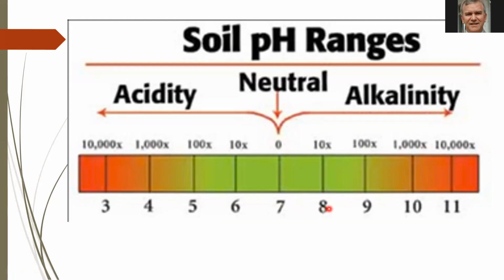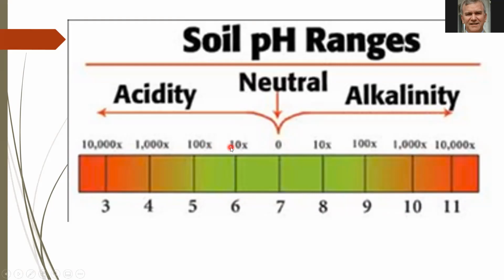Going from 8 to 10 is another multiplication of 10, and it just keeps multiplying by 10. Acidic in the opposite direction is the same simple multiplication, each time multiplying by 10.